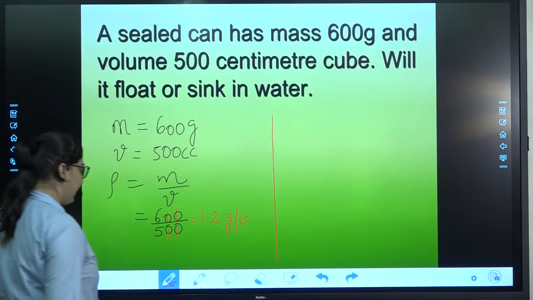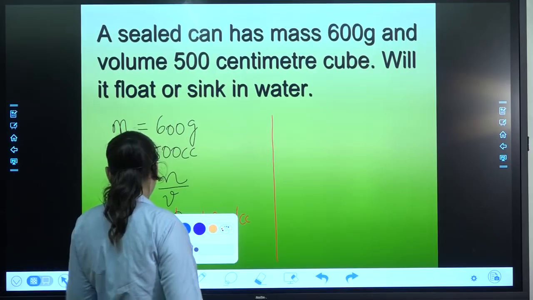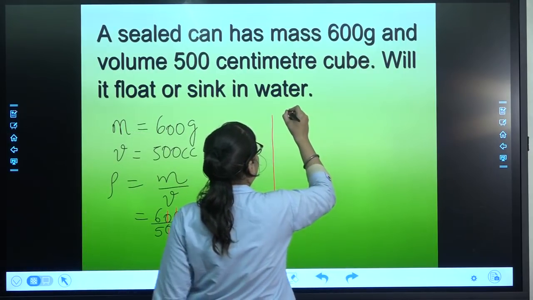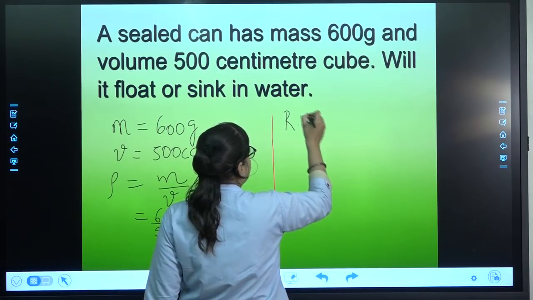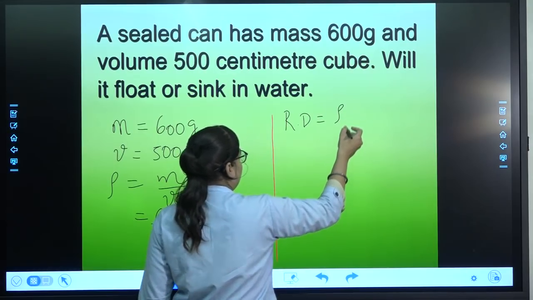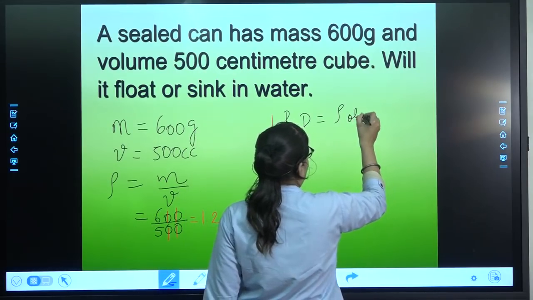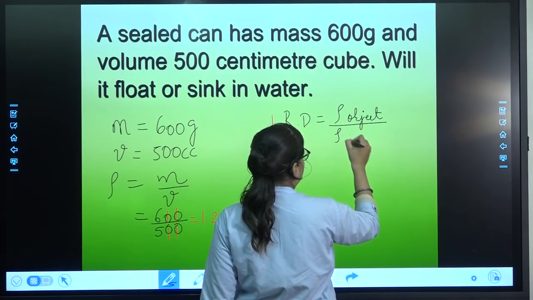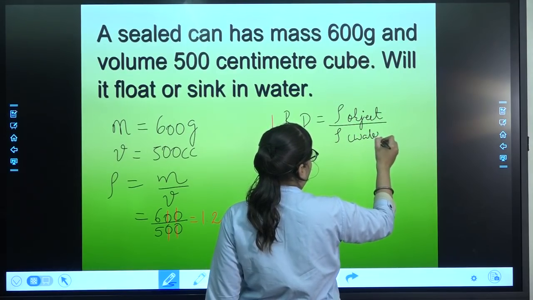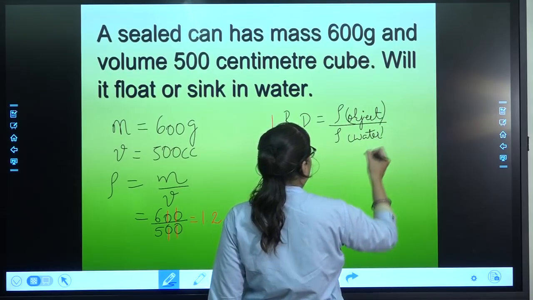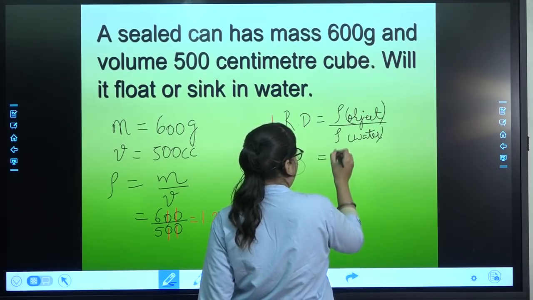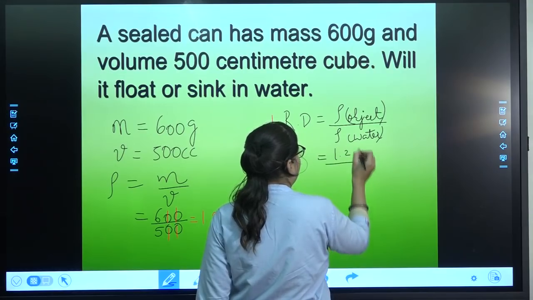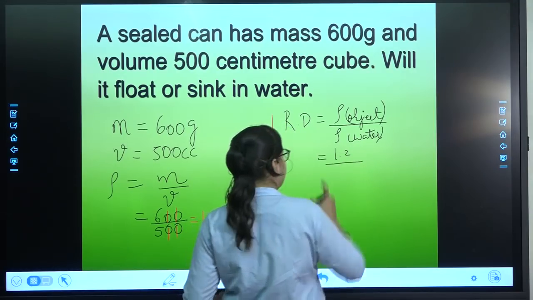Now, relative density. Relative density is density of substance upon density of water. What is the density of object? It's 1.2. What will be the density of water?